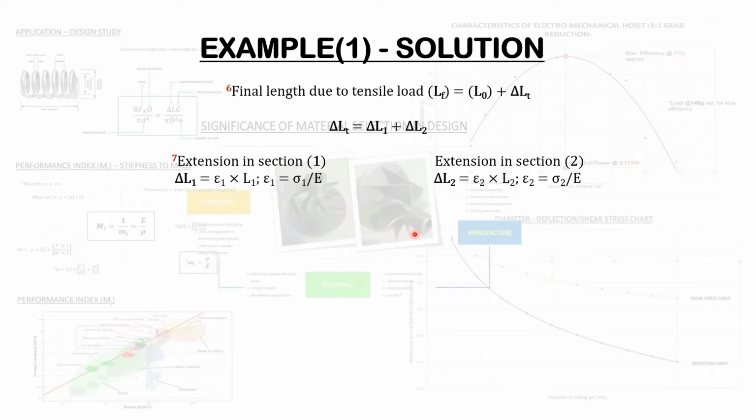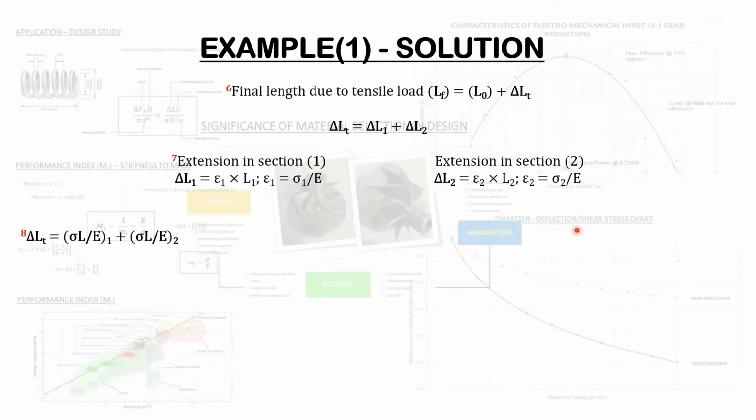So the component is made out of one specific material. Thus, the Young's modulus in both sections is the same. So we can use this information to calculate the strain. So the strain is equal to the stress divided by the Young's modulus. So epsilon 1 is equal to sigma 1 over E, and we do likewise for section 2. Epsilon 2 is equal to sigma 2 over E.